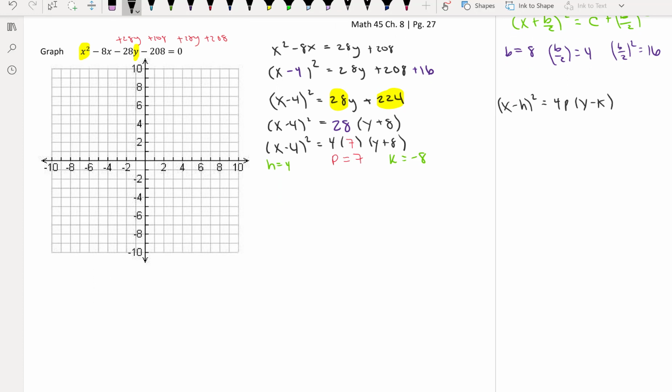So I can tell you my vertex, since it's just h comma k, so that's 4 comma negative 8. So my vertex is 4, negative 8. So I'm going to go ahead and make that ordered pair there. So that's my 4, negative 8. Now I can tell you the axis of symmetry.